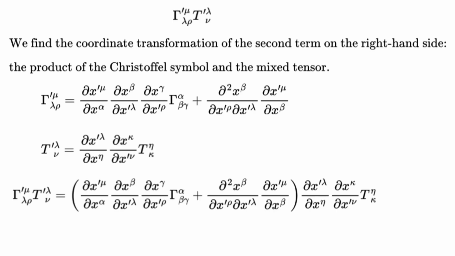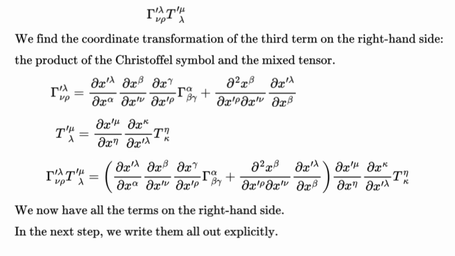The product of the Christoffel symbol and the mixed tensor. We find the coordinate transformation of the third term on the right-hand side. The product of the Christoffel symbol and the mixed tensor.